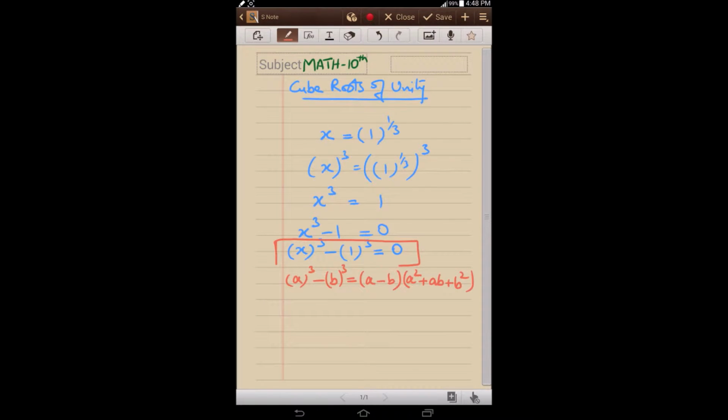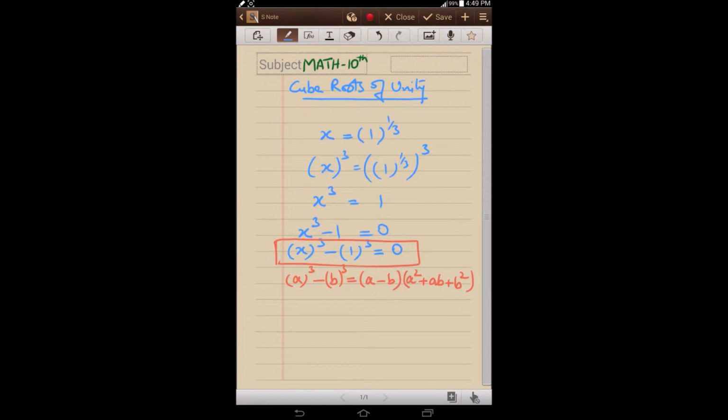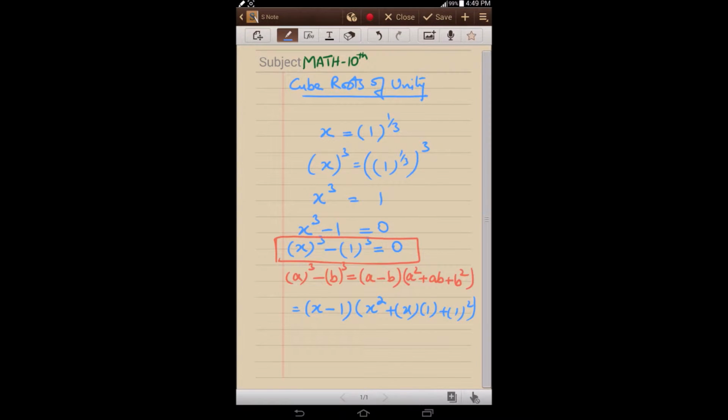So we can write this one as x minus 1 into x square plus x into 1 plus 1 square. So we can write it x minus 1 into x square plus x plus 1, and we know it is equal to 0.